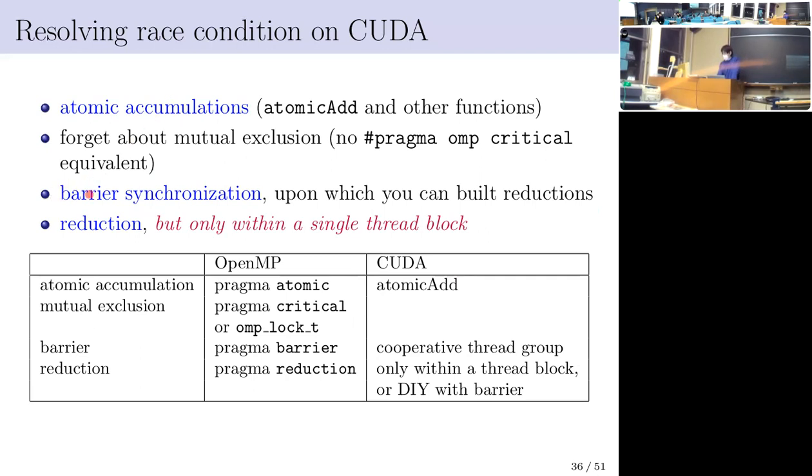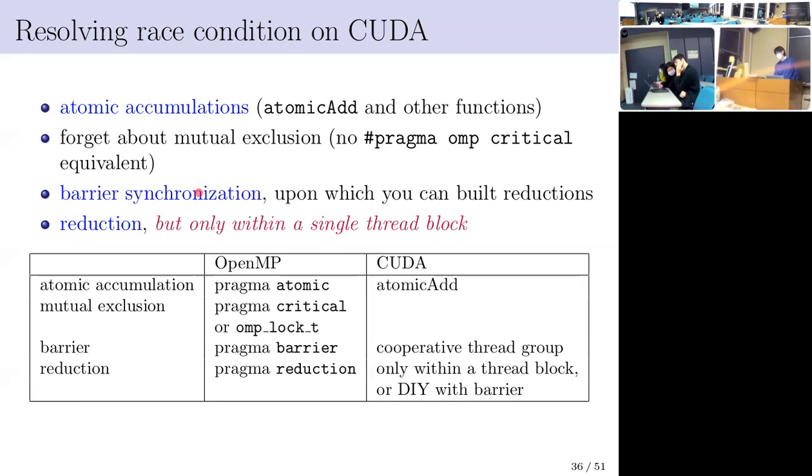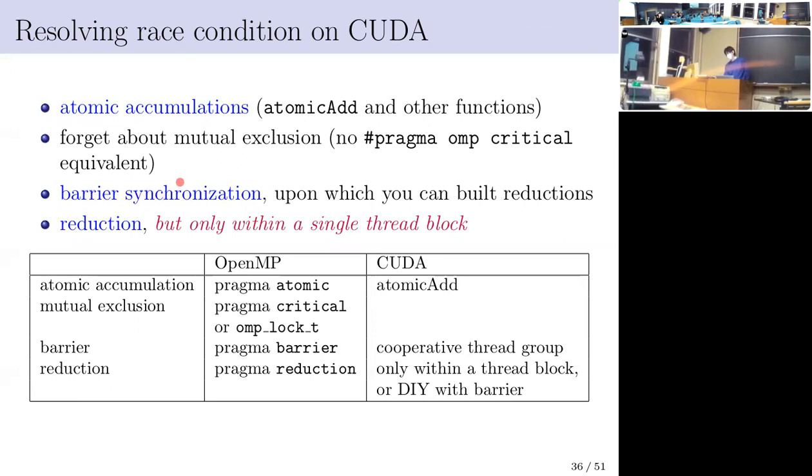So actually, I didn't talk about it in the OpenMP context, but CUDA has something called the barrier synchronization. You can build reduction on top of this barrier synchronization. So it actually has a reduction as a primitive, so that you can just call it. But it somehow only works within a single thread block.